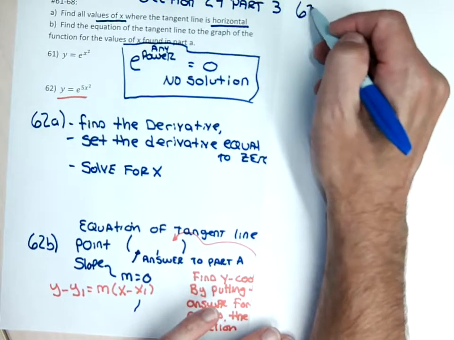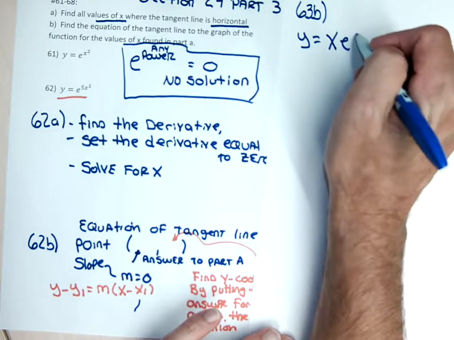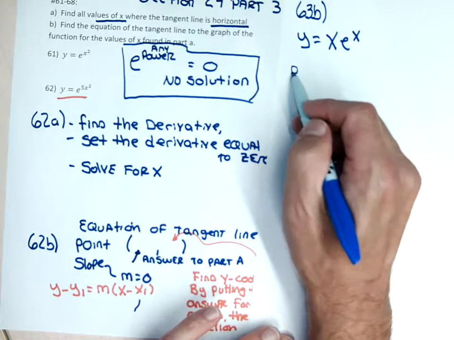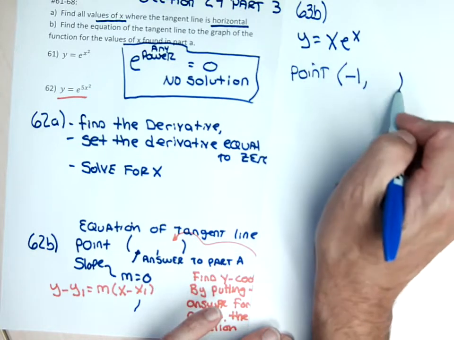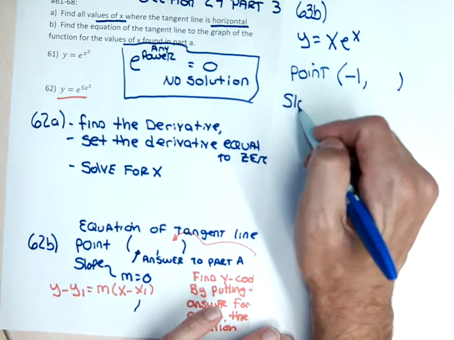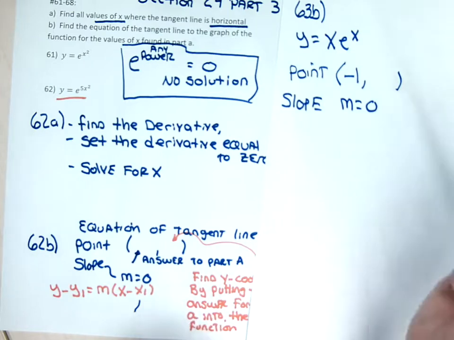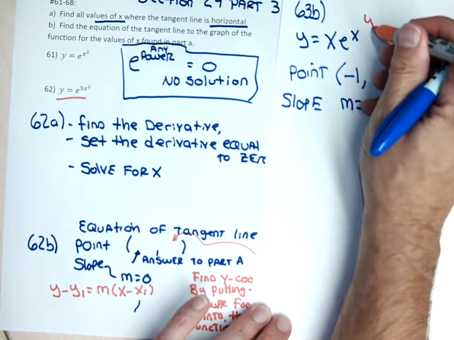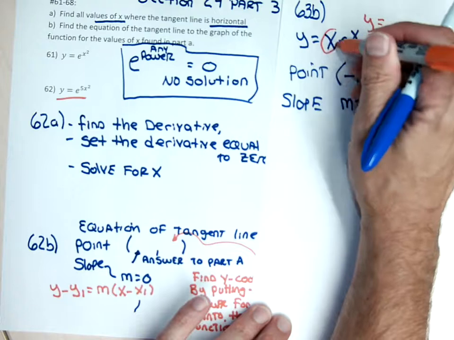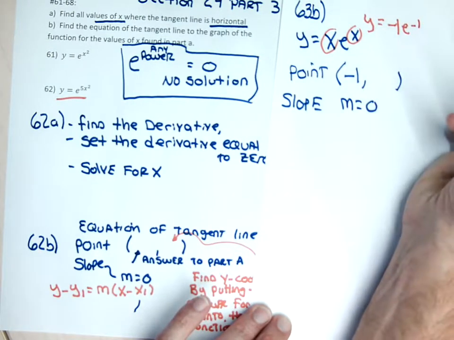So for 63 part B, the original function before I took its derivative was x e to the x. I need a point. The x-coordinate of the point is -1. That's the answer that I got for part A. The slope is 0 because when the line is horizontal, the slope is 0. And for my y-coordinate, I'm just going to take the -1 and plug it in for each of those x's. So I'm going to go -1 e to the -1 power.